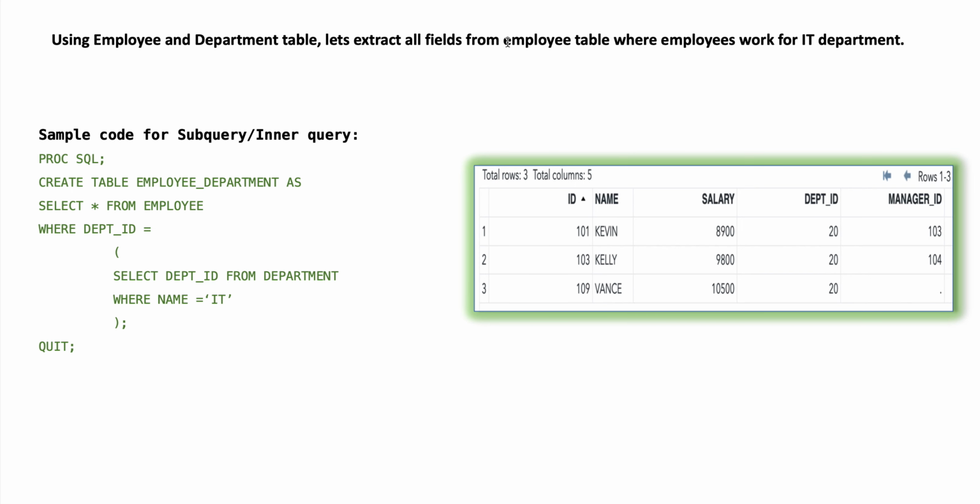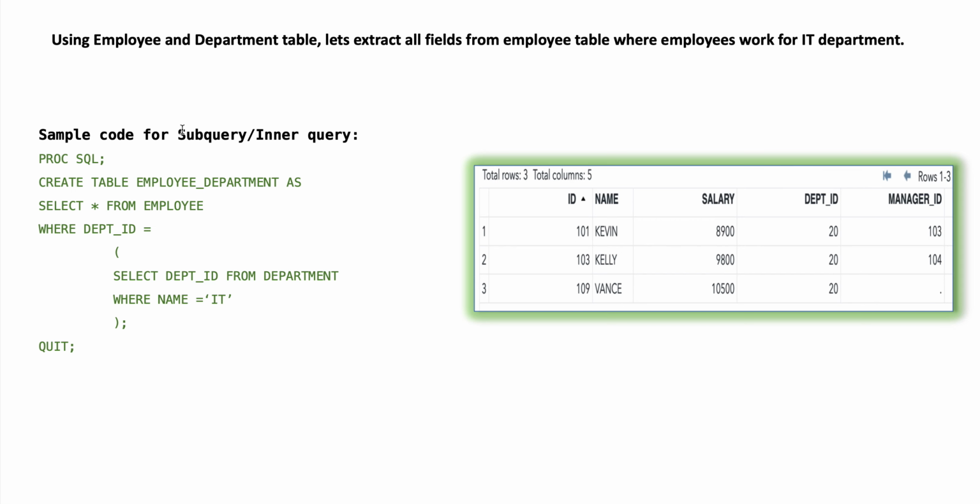But the employee table doesn't have a department name variable. That's why we have to use the department table first. After that, we can use the result from the department table in the employee table to extract the required rows.